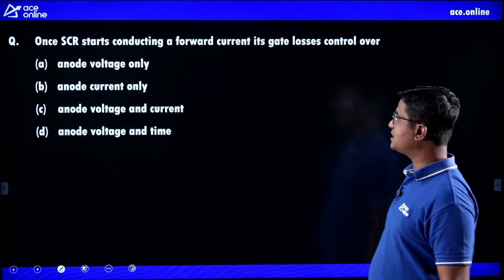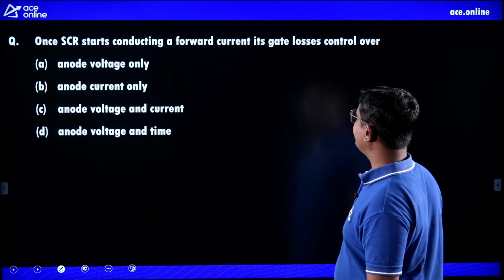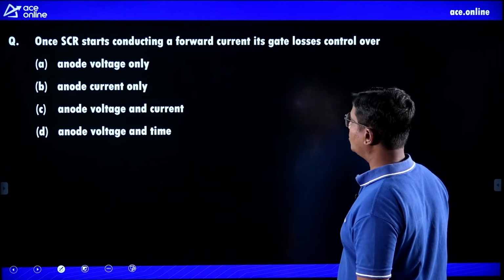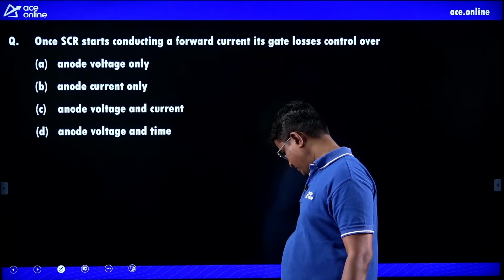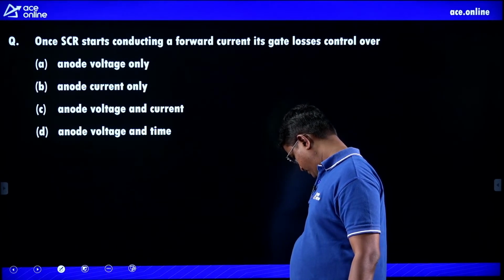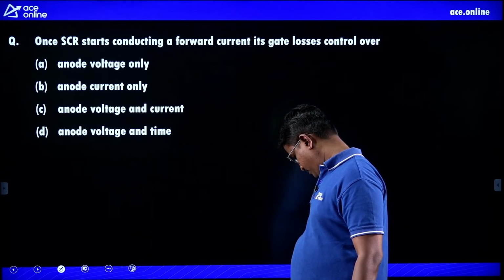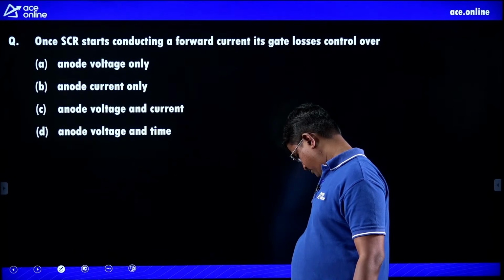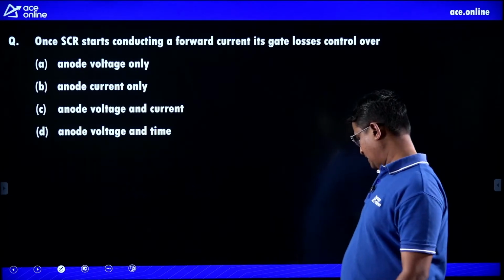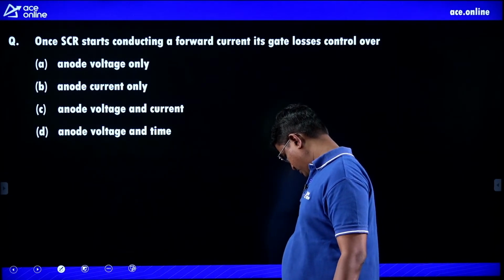Next, once SCR starts conducting a forward current, its gate loses control over what? Come on, tell me the answer. You can post your answers in the chat box.